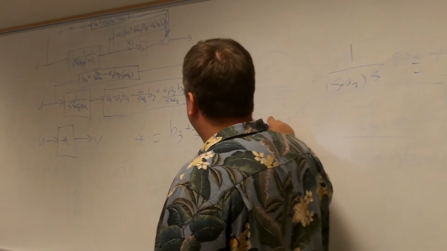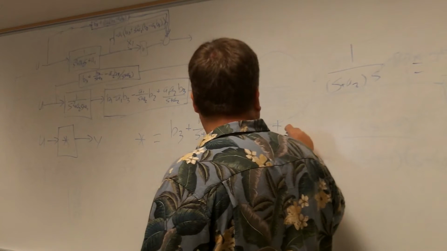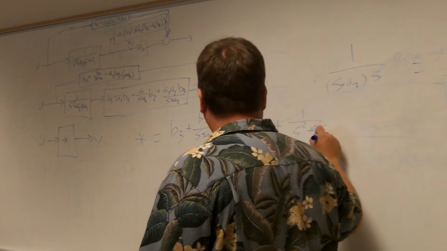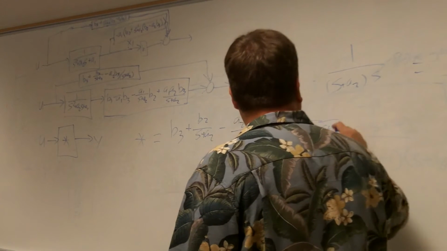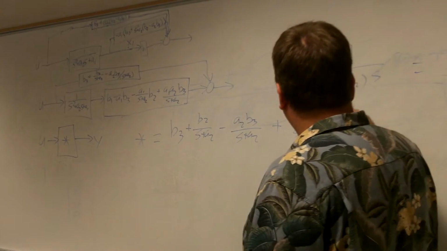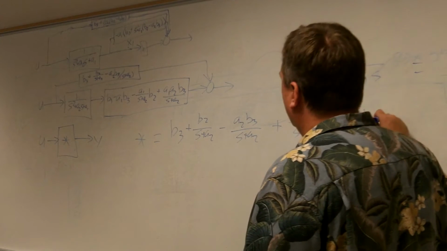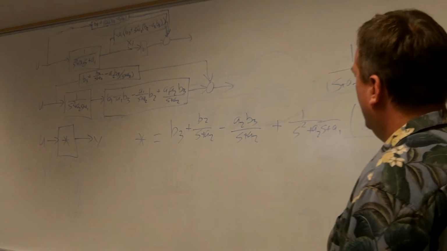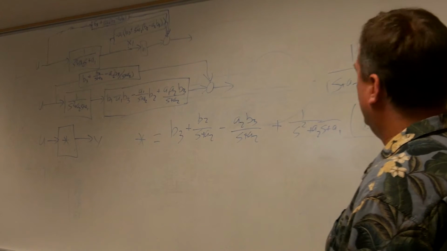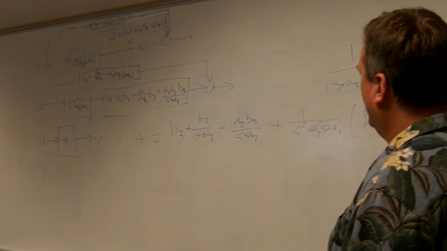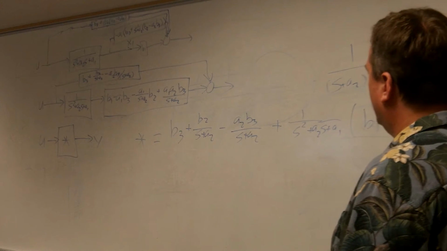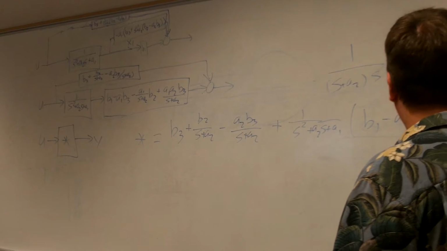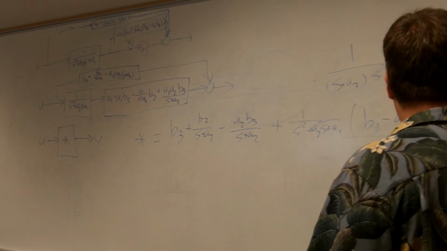And I have plus 1 over S squared plus A2S plus A1 times this all, B1 minus A1 B3 minus A1 B2 over S plus A2 plus A1 A2 B3 over S plus A2.